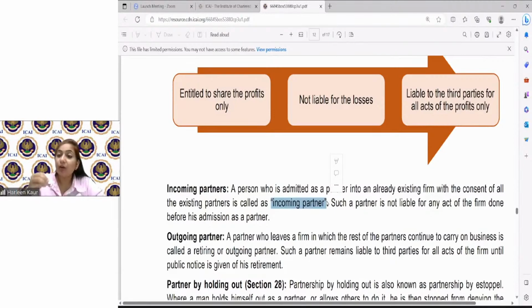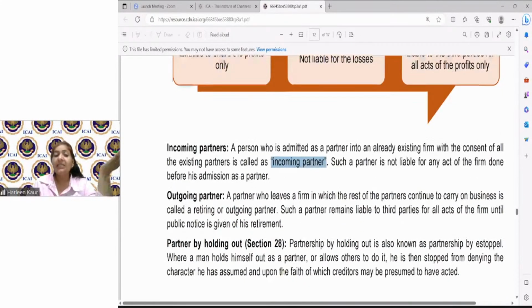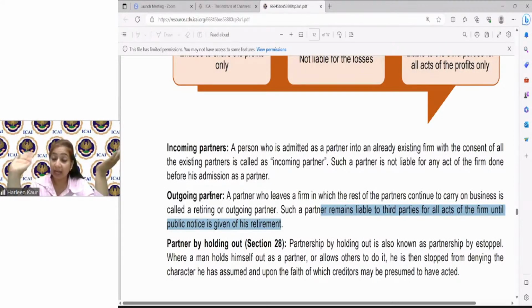Any liability of the business from before he joined as a partner, this Mr. D will not be held liable for. So an incoming partner means the new partner who joins, and for any old liabilities of the firm, the incoming partner will not be held liable. Similarly, an outgoing partner, once he has given a public notice, will not be liable to any outsiders. So if outgoing partner Mr. A was retiring from the firm, will he be held liable to D? Only if he has not given the public notice, he will be liable. Otherwise, he will not be held liable.